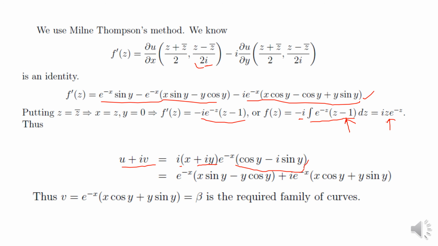And now we got terms, some having no imaginary part. Here this is the imaginary part. So v is equal to the imaginary part, e to the power minus x (x cos y plus y sin y). So this is the answer. v is this and f(z) is this one. We have got it.